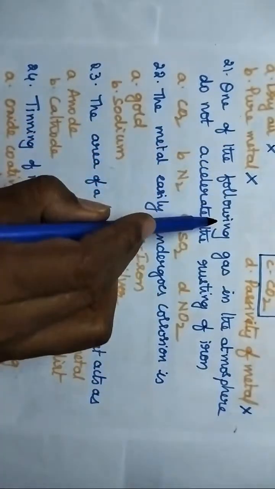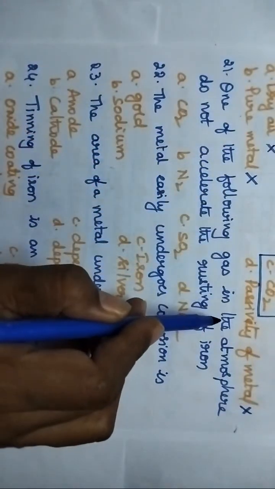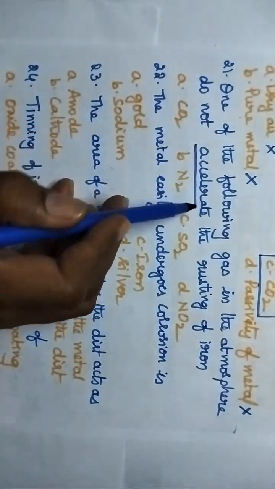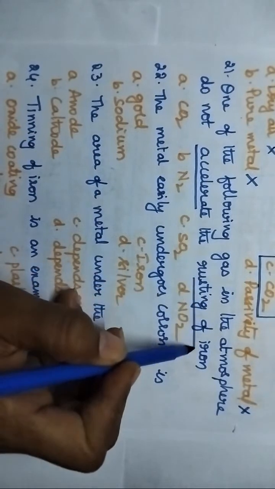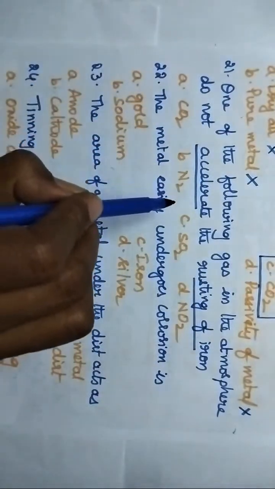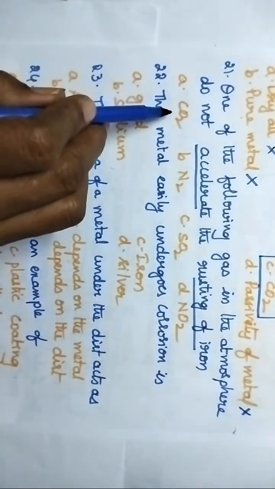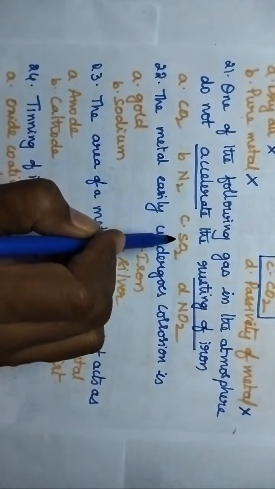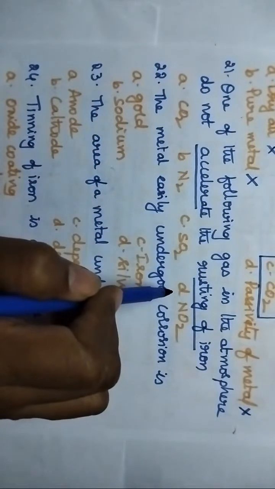One of the following gas in the atmosphere do not accelerate rusting of iron. So, which of the following gas will not cause corrosion? Option A, carbon dioxide. Option B, nitrogen. Option C, sulfur dioxide. And option D, nitrogen dioxide.